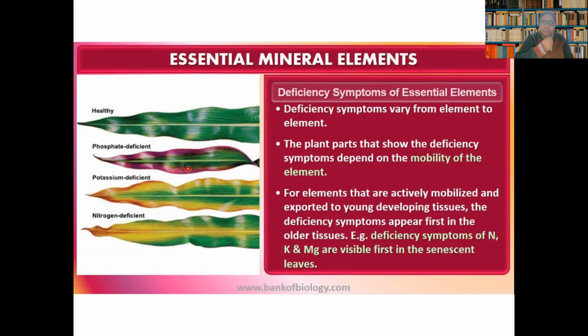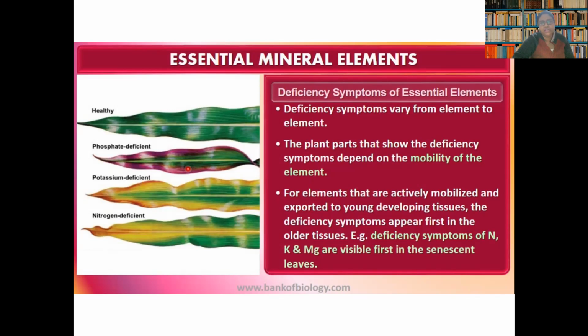Why? Because once that part is getting away from the plant, for example, if it is stored in an old leaf, and there is leaf fall, that old leaf will be out of the range of the plant, and the plant can get rid of that excess element.